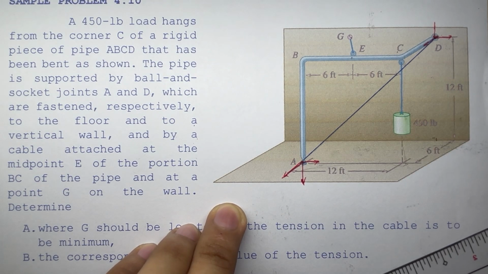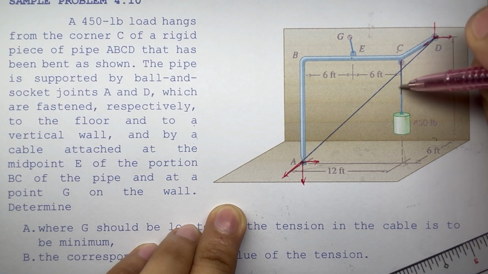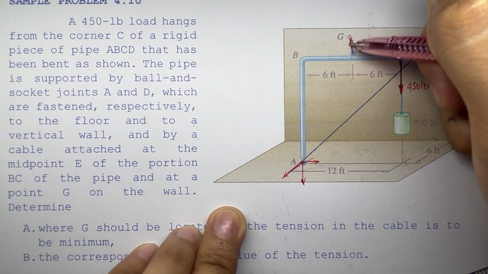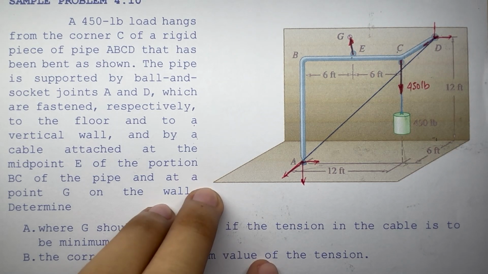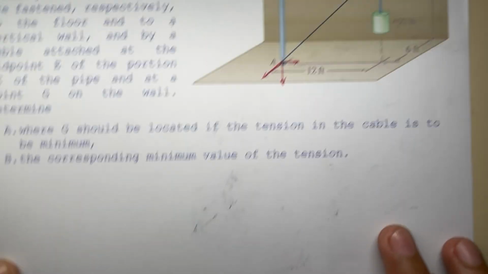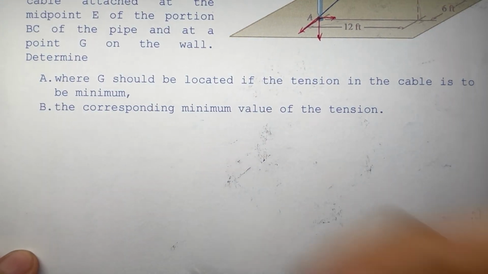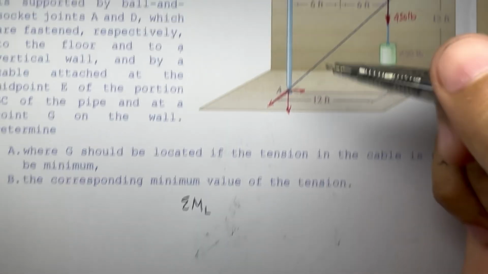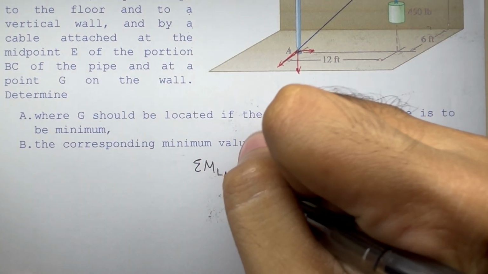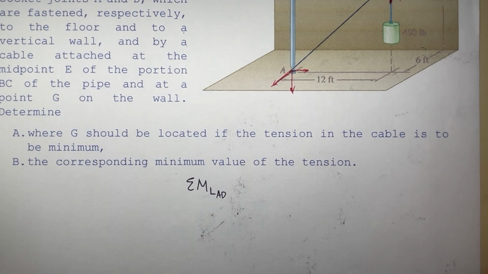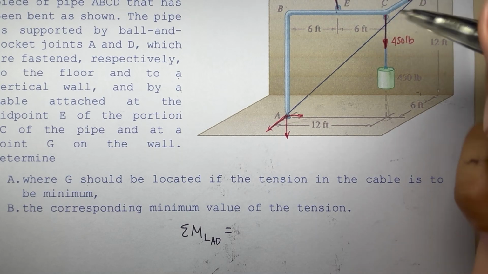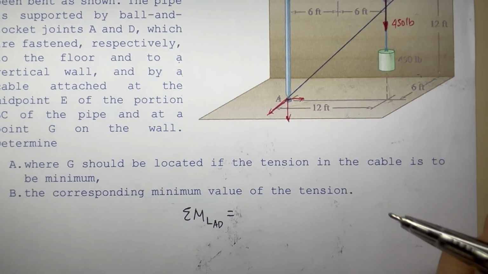So what we're left with here are the weight, whose value is 450 pounds, and our tension. That would be our tension. So applying the summation of moments about a line, we have the summation of moment about line AD equal to, we have only two forces here, the tension and the weight.